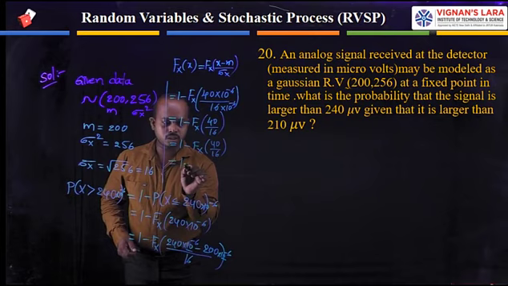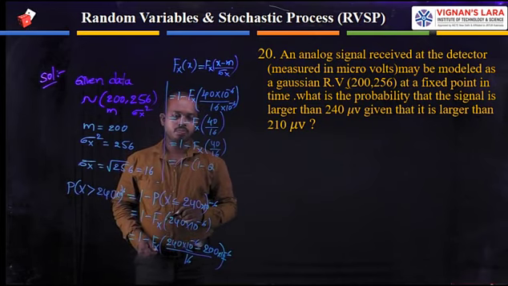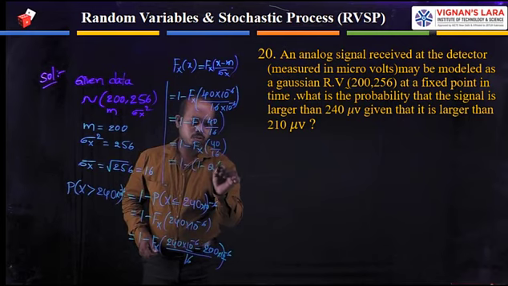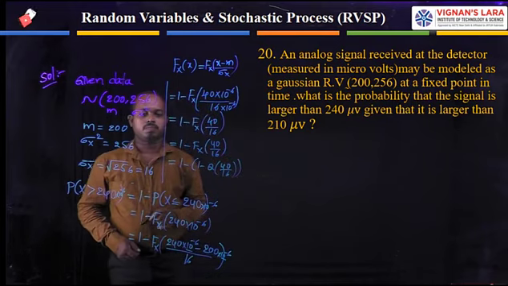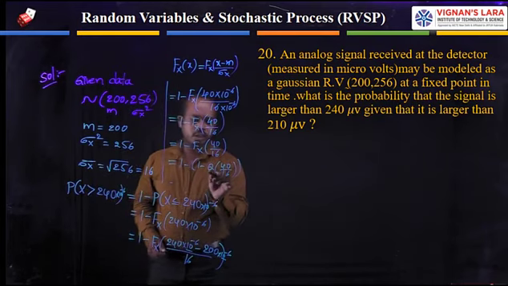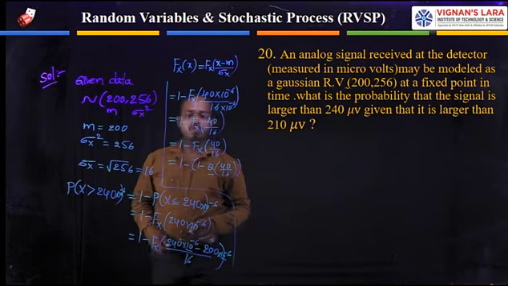Then you find 1 minus Q of 40 divided by 16. Now you can find the Q function value.